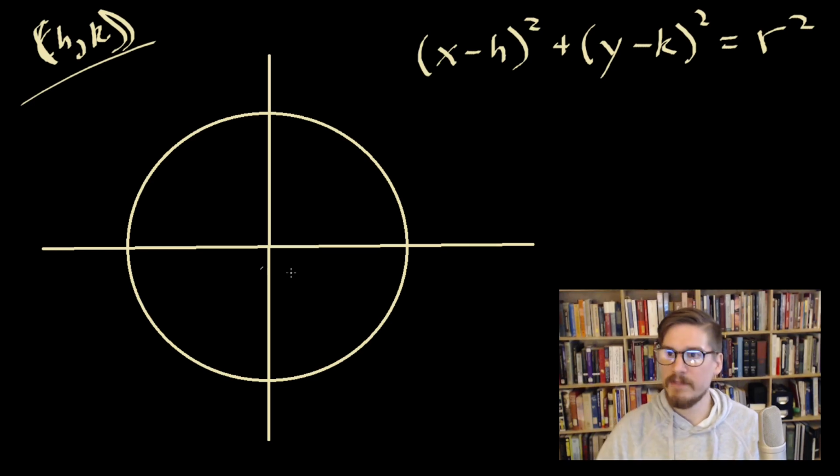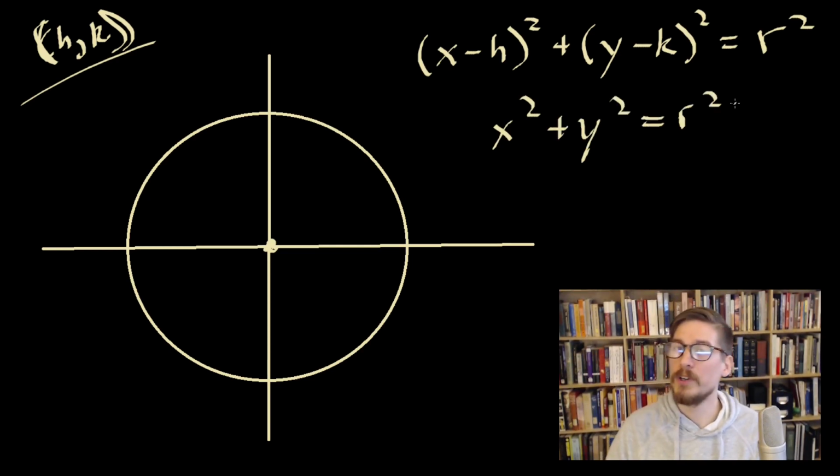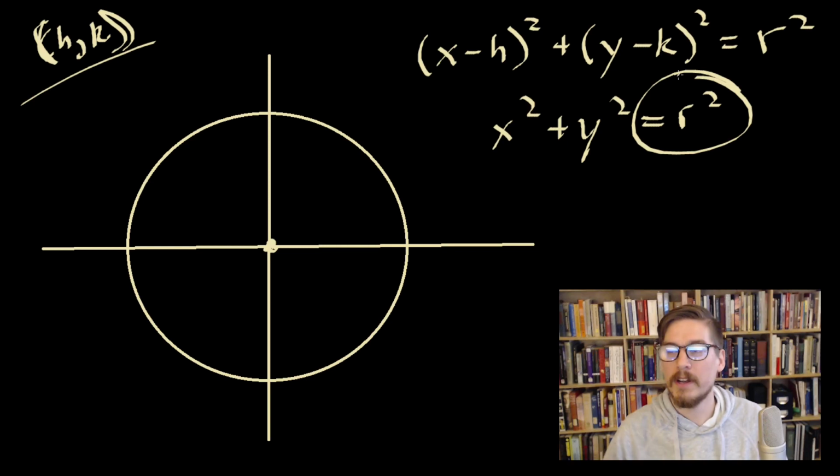Which means that if the circle is centered at 0, 0, like it is here, what you actually have is x squared plus y squared equals r squared, which should look suspiciously like the Pythagorean theorem, because it's the same thing. The only difference is that rather than talking about a hypotenuse, we're talking about a radius. How does that work?